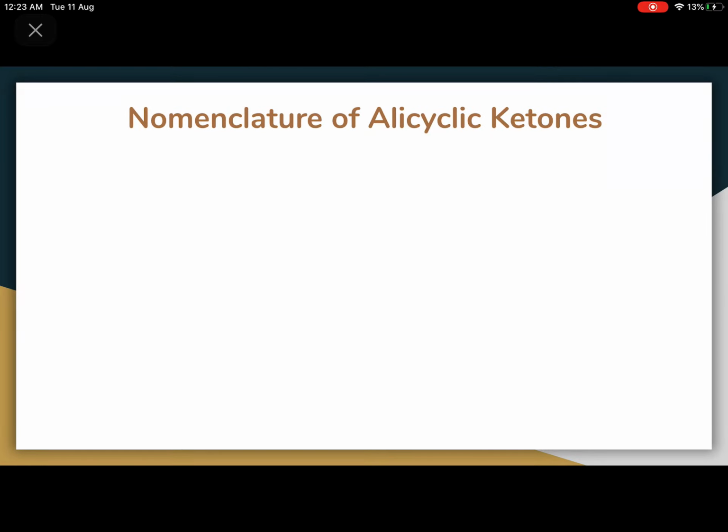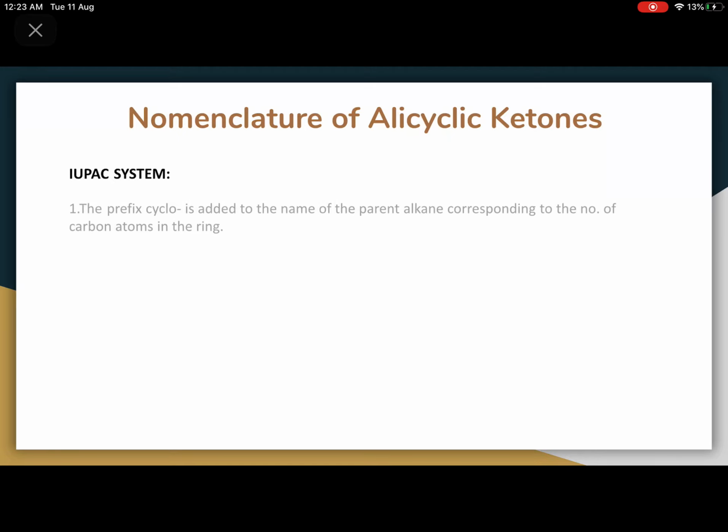Nomenclature of alicyclic ketones. First see the rules. First is, the prefix cyclo is added to the name of the parent alkane corresponding to the number of carbon atoms in the ring.